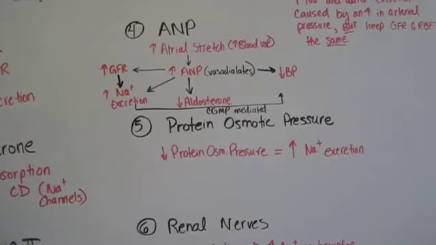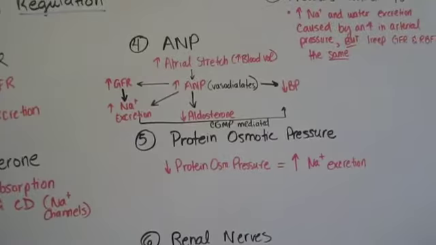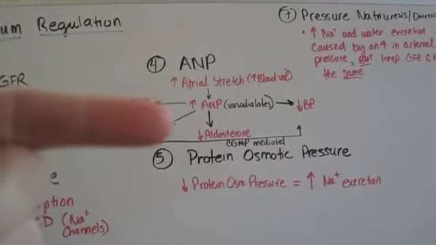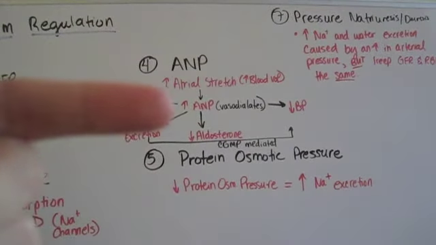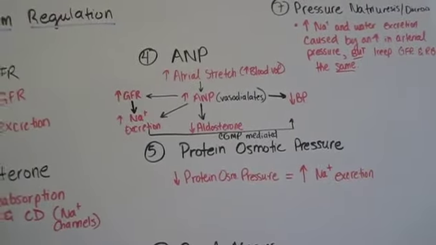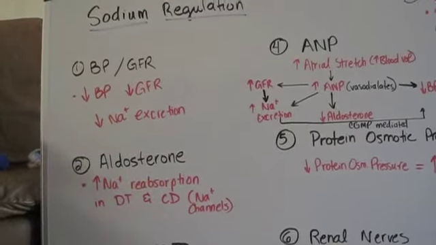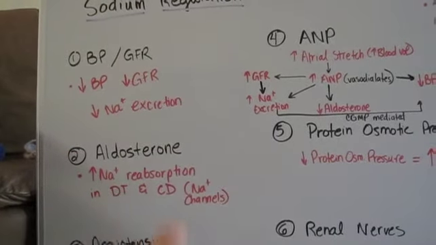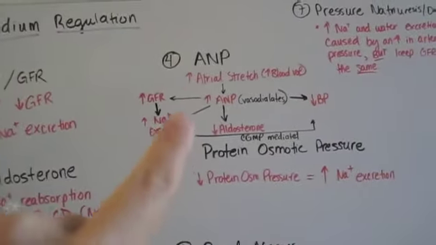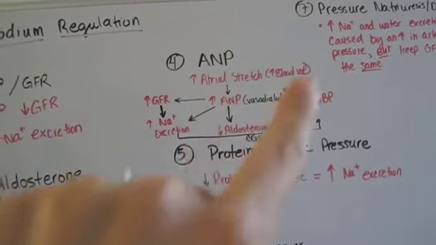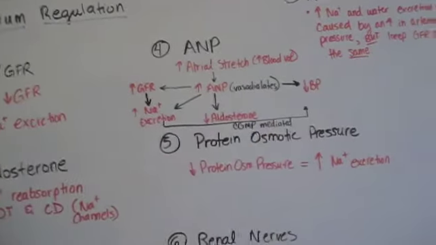With increased blood volume, we're going to have that atrial stretch. Then we're going to release that atrial natriuretic protein. And what does that do? That vasodilates. So we're separate from this stuff. This stuff is going to vasoconstrict, or it's going to try to increase the blood pressure back up. This stuff is going to try to decrease that blood pressure, right?